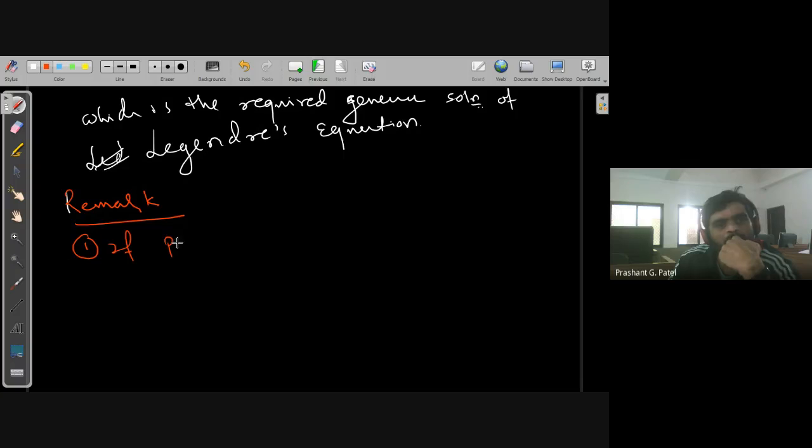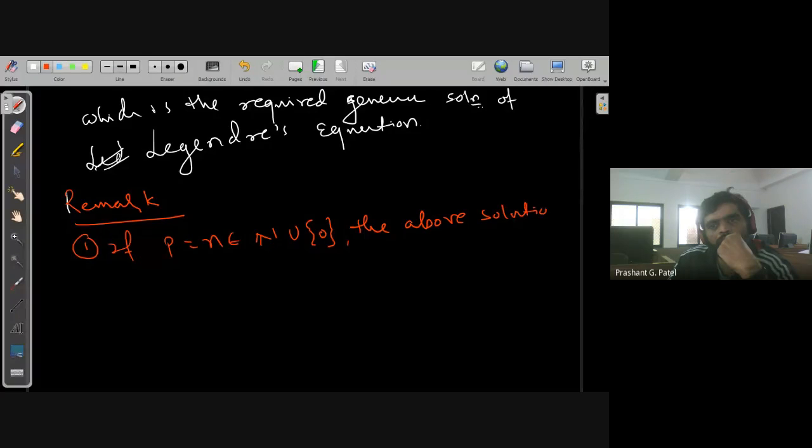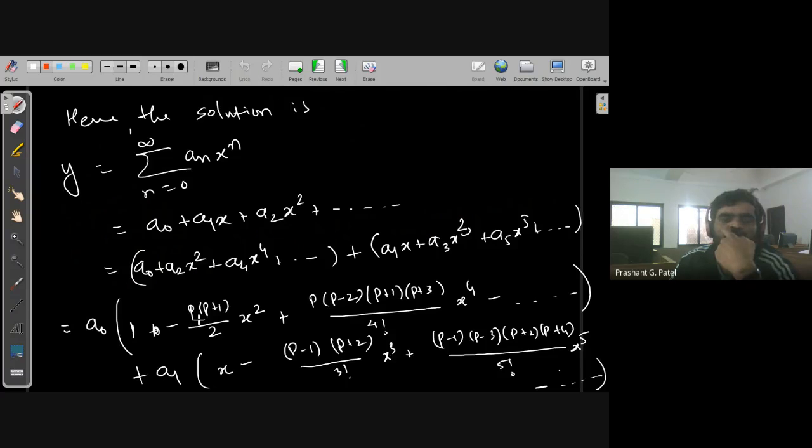If p equal to n, which belongs to a natural number or 0, then the above solution becomes, what will be the above solution? Instead of p you will have n here.